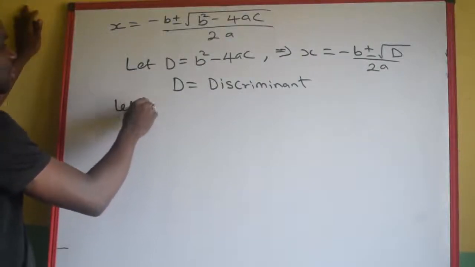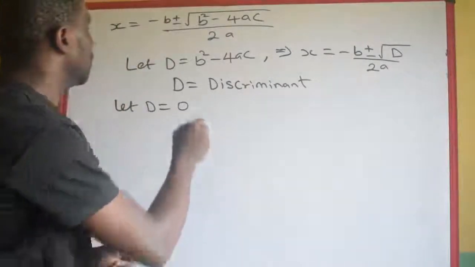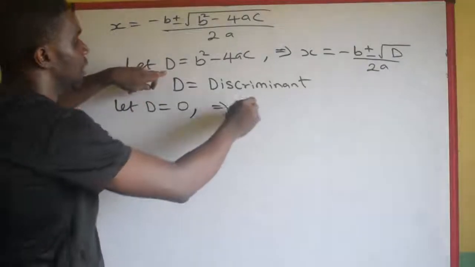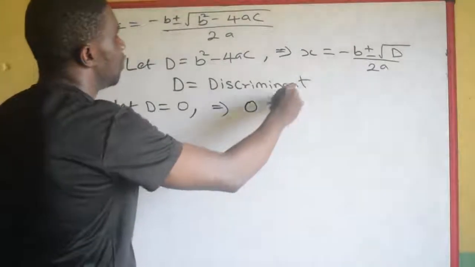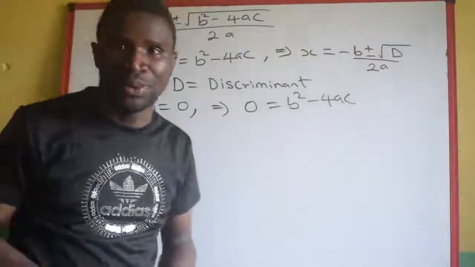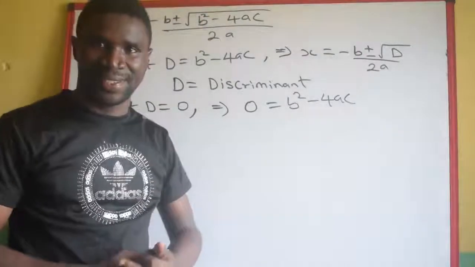if d, or you say let d equal to 0, if d is equal to 0, it then means that this guy here, if we put 0 here, we are going to get b squared minus 4ac. When the discriminant becomes 0, that is where the beauty of this lies.